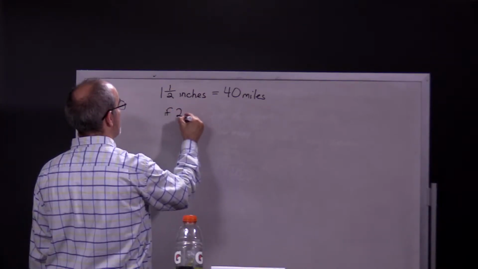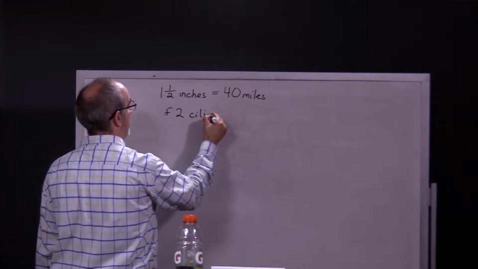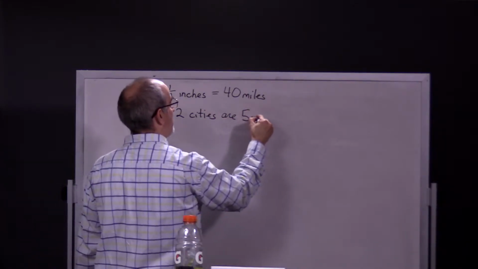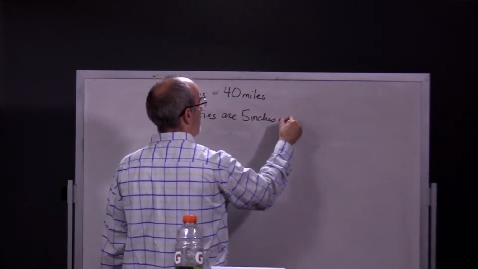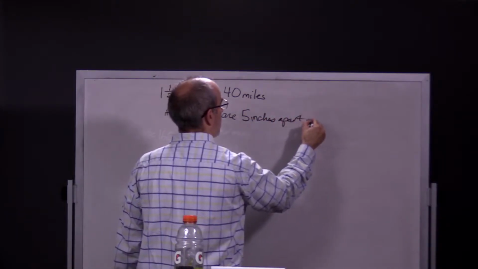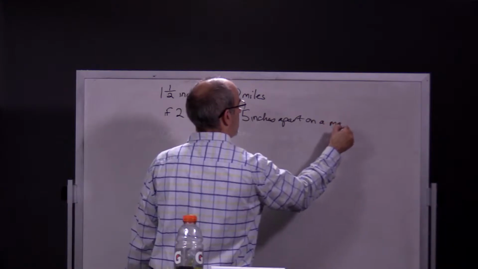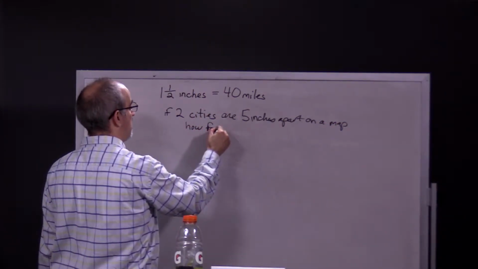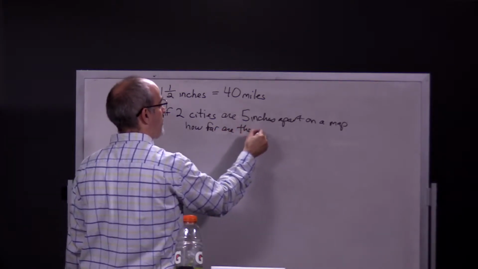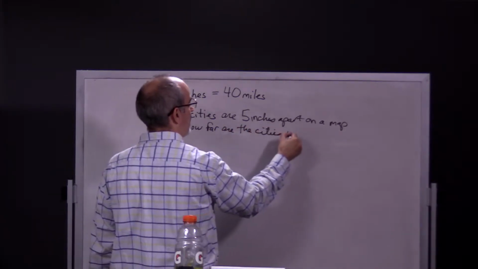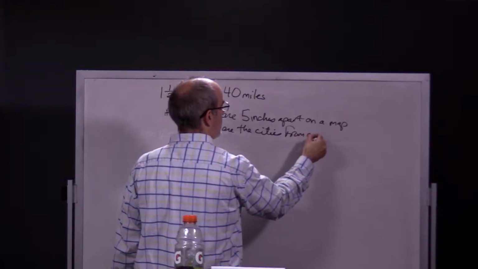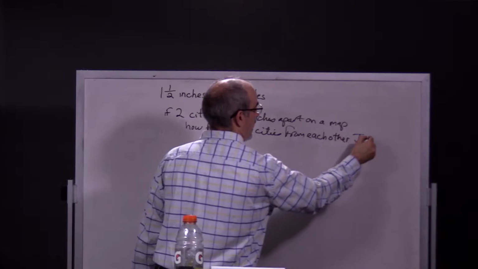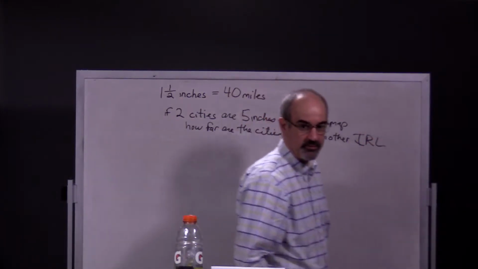So I'll write, if two cities, they don't have to be cities obviously, but two cities are 5 inches apart on a map, how far are the cities from each other IRL, in real life.